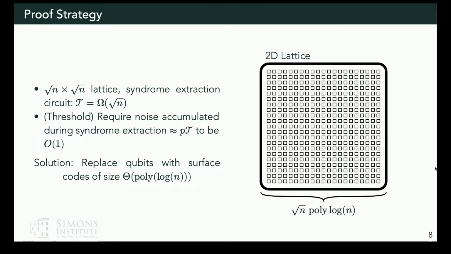But we know how to suppress errors in circuits, right? This is what we do already with fault tolerance. So let's do that. We'll just take our qubits, replace every single one with surface codes of size that's logarithmic in the original block length. And this blows up our lattice a little bit, right?